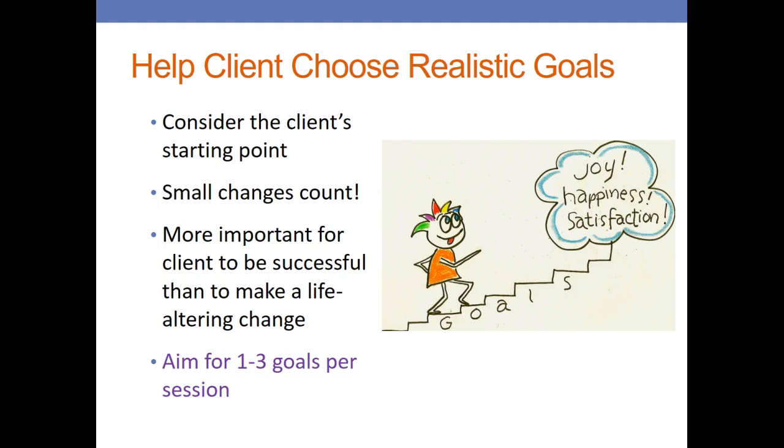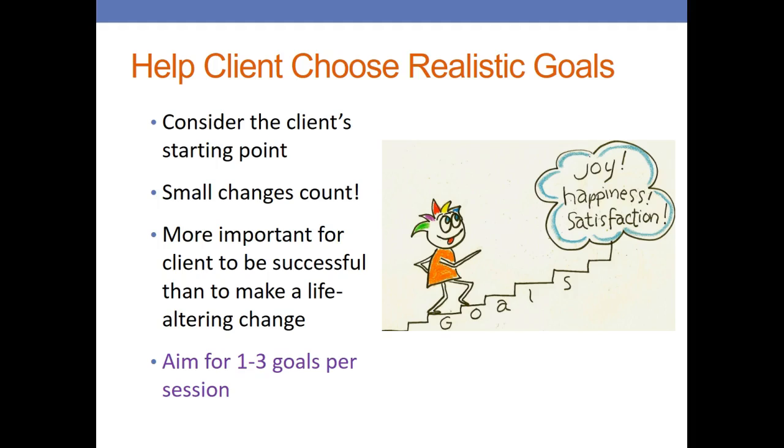Of course, we want our client to choose realistic goals. So we always want to consider the client's starting point. If a client is currently not working out at all, setting a goal to start working out 3 hours a day, 6 days a week, might not set them up for success. So remember that small changes count.